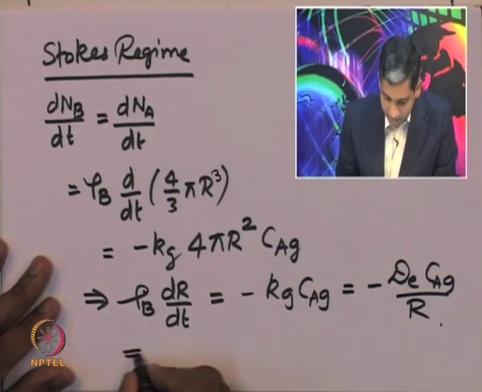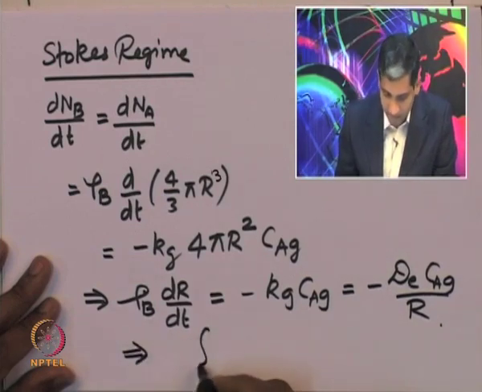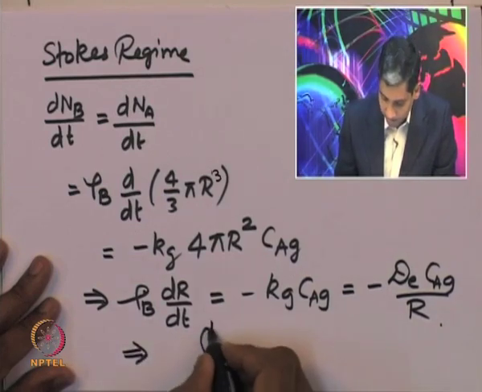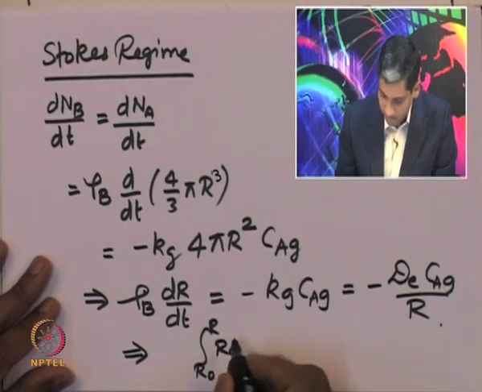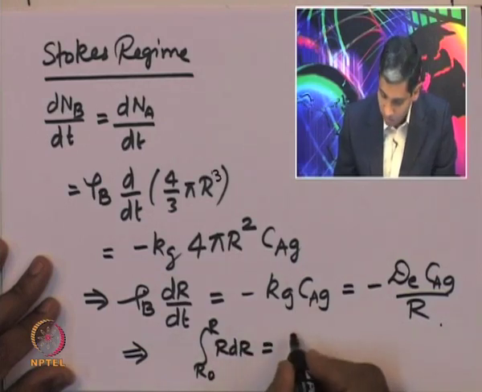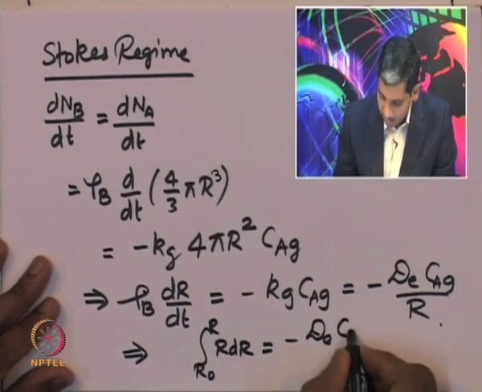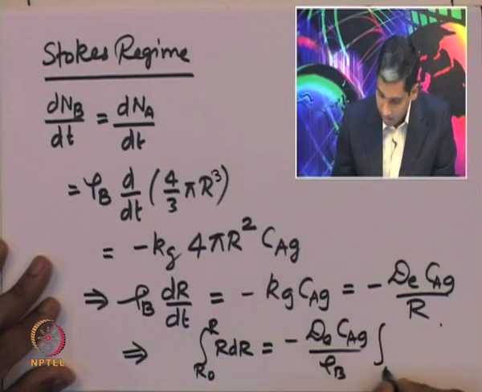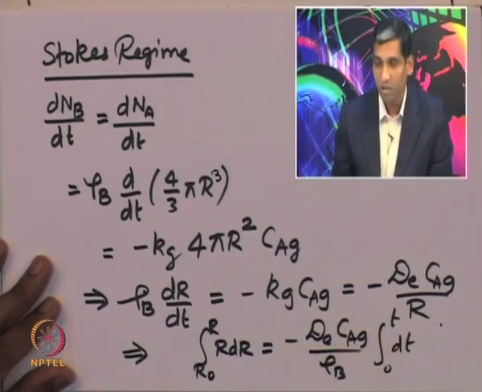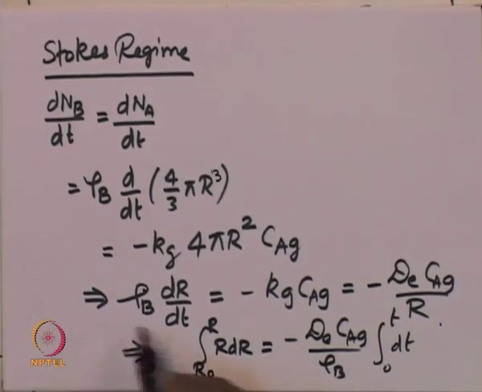Now, integrating this expression, we find that the integral from r naught to r of r dr is equal to minus dE Cag divided by the density, into the integral from 0 to t of dt. This model provides a relationship between the radius of the particle and time.